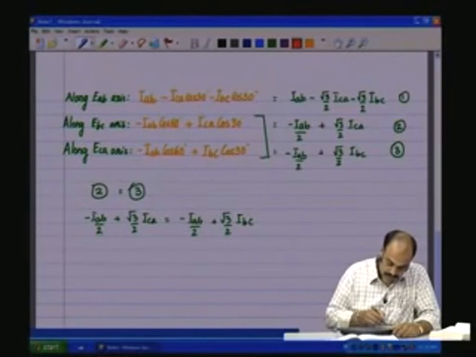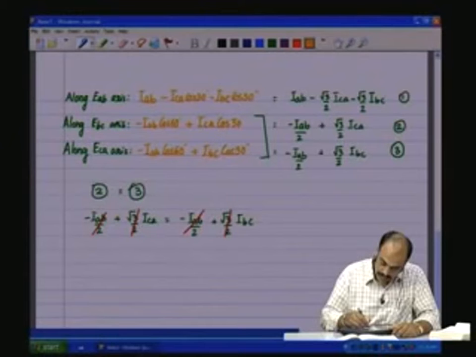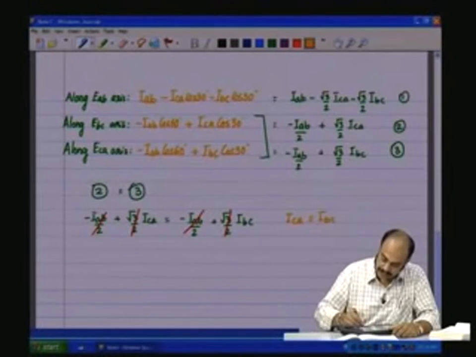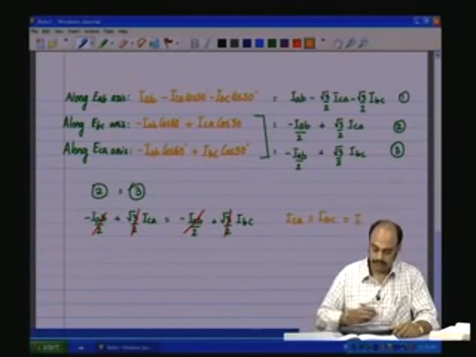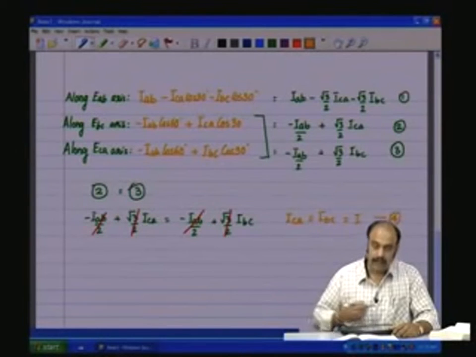So, here we remove this, and we have a result which is I_CA should be equal to I_BC, and we will say that is equal to some value I. This is number 4.